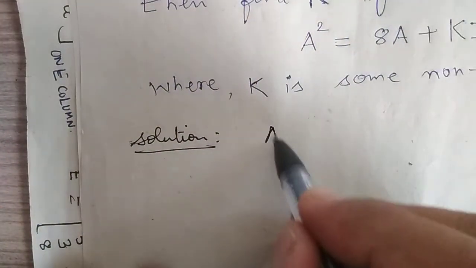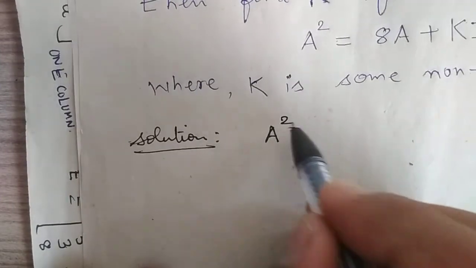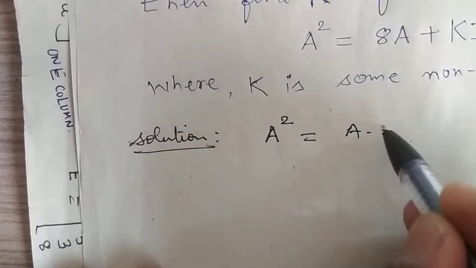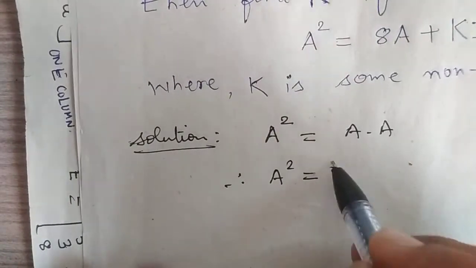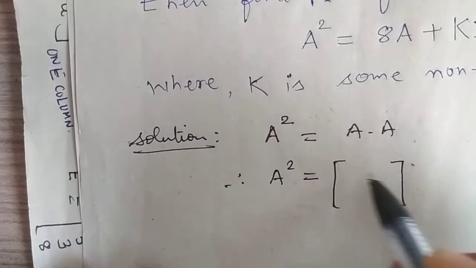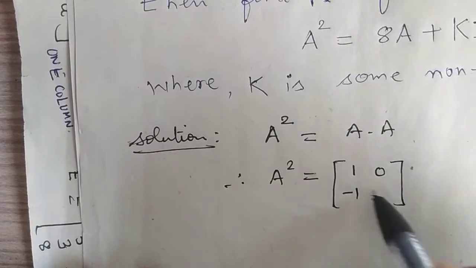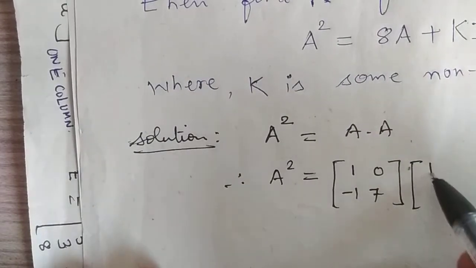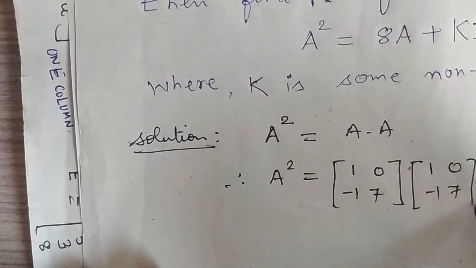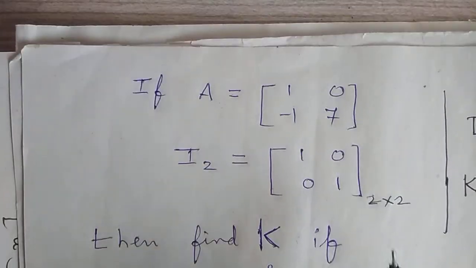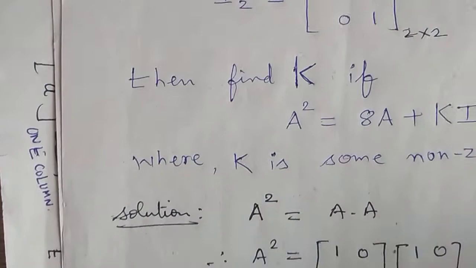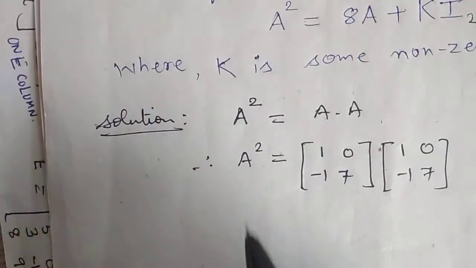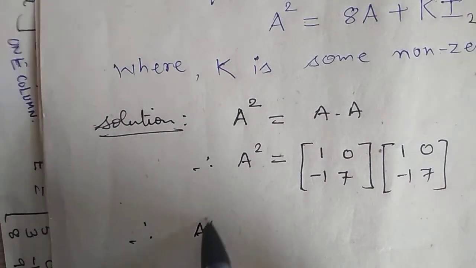First we will calculate A squared. A squared is A dot A. Therefore A squared will be equal to [1, 0; -1, 7] times [1, 0; -1, 7], as given here. So using matrix multiplication, let us calculate A squared.